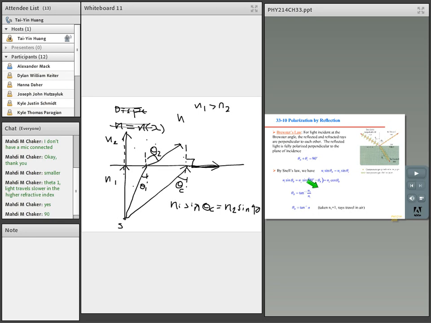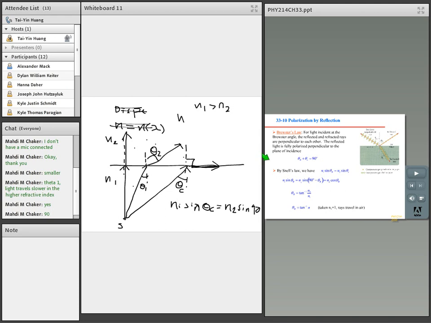In order for this equation to be mathematically correct, n1 has to be greater than n2. What does that mean? It means that for the critical angle to exist, n1 has to be greater than n2, which means that the light source has to be initially embedded in a material that has a higher index of refraction.